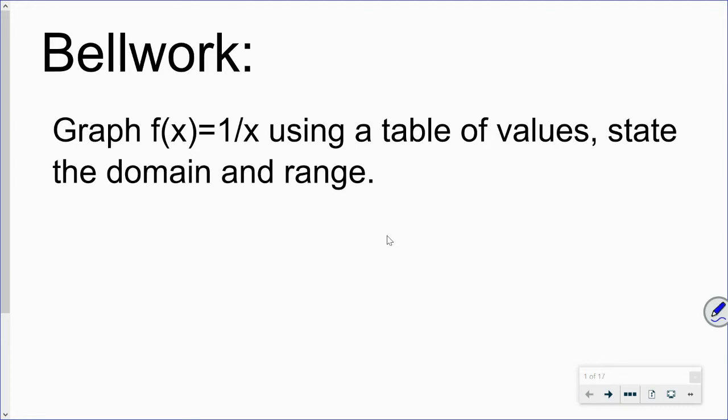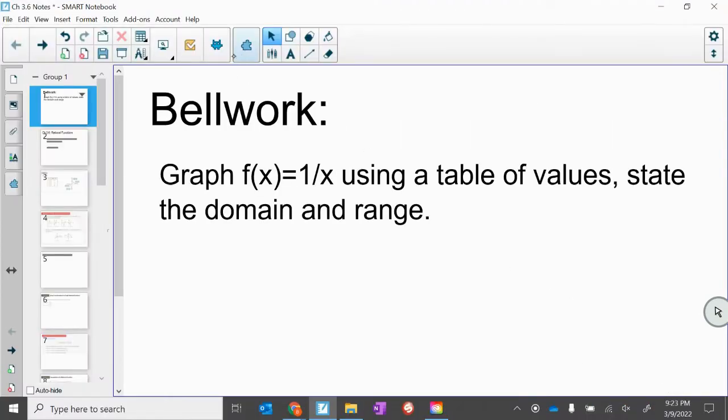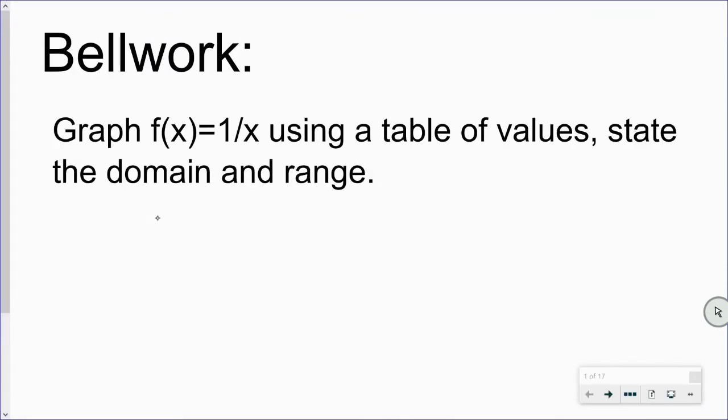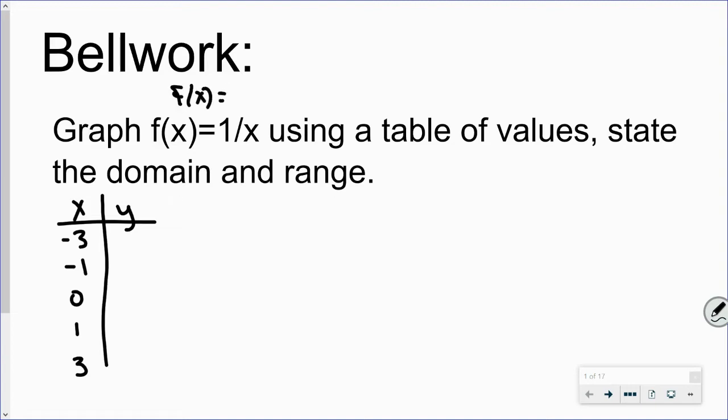It says use a table of values, so we're just going to put some x's and y's. We'll pick -3, -1, 0, 1, and 3. We could pick more if we wanted, but again, this is f of x equals 1 over x.